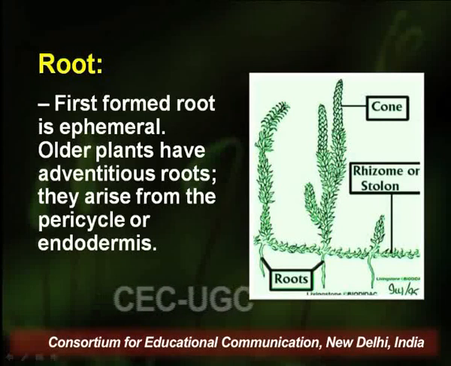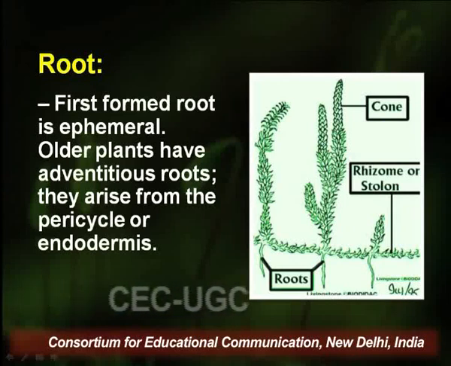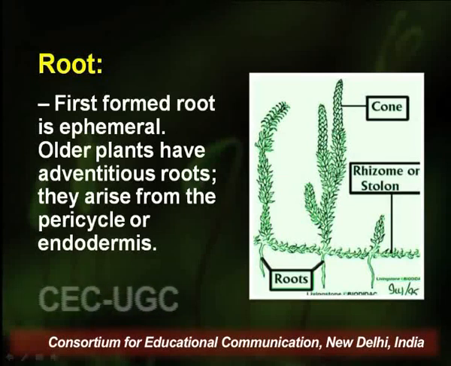Also, we will find that the roots do not come out directly towards the epidermis, but sometimes it has been seen that the younger roots grow parallel in the cortex along the entire length of the stem, and after some time they arise.